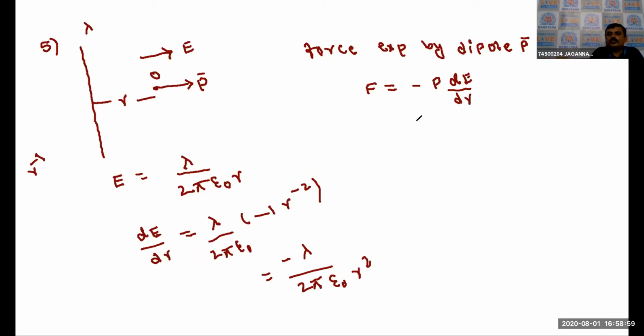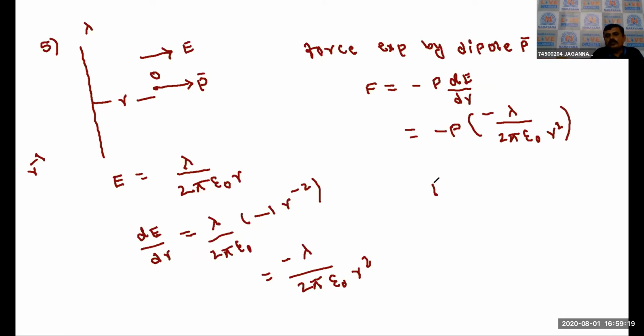This value can be substituted here, then we get the force. Force F equals minus P into minus lambda divided by 2 pi epsilon naught into r square.